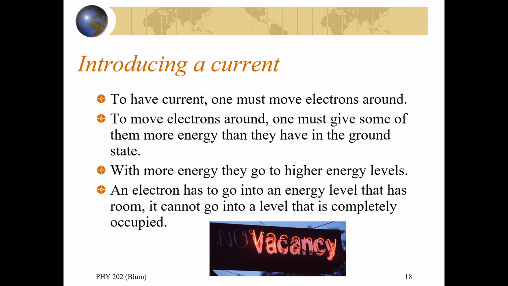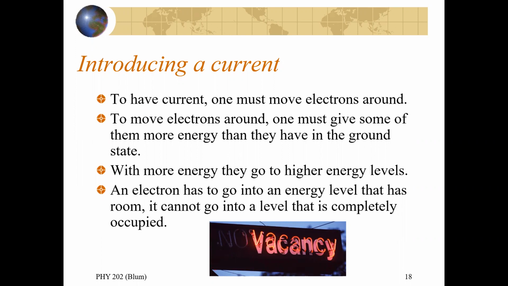If I'm a metal, if I'm in the middle of the band, those levels that I want to go to so I can get a current are close by, and it's easy for me to get to them. And so it's easy for me to have a current. If I'm a semiconductor, I'm at a gap, so I have to jump a gap to get a little bit excited, but it's a small gap.